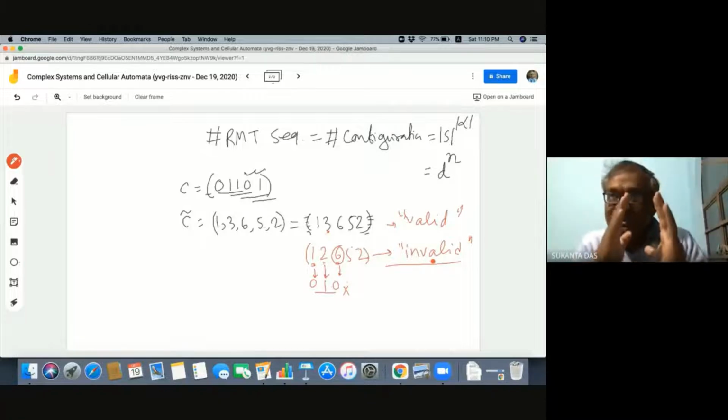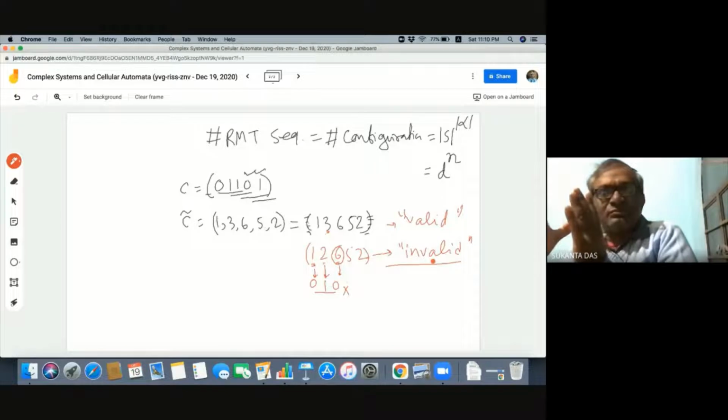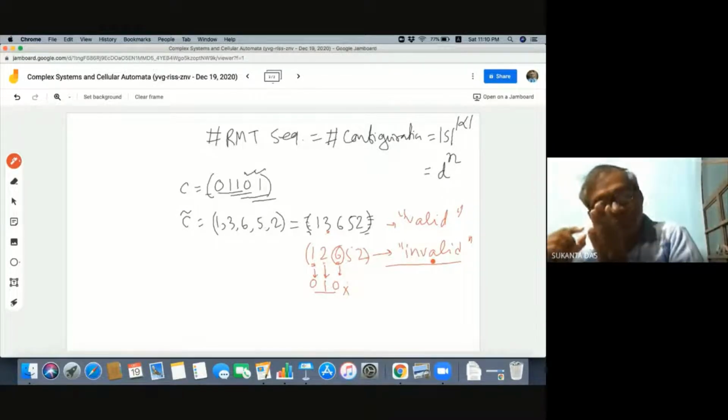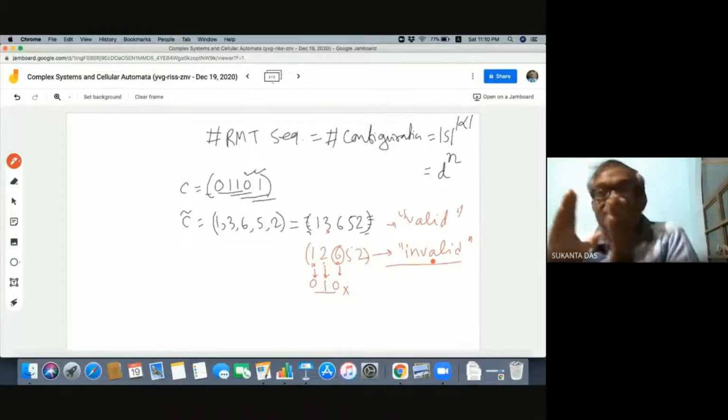So for some cell I am getting a window, I am shifting one room right, and I'm getting the RMT of the cell i plus 1, by just shifting one room right.